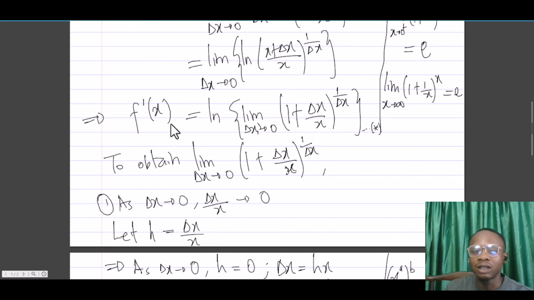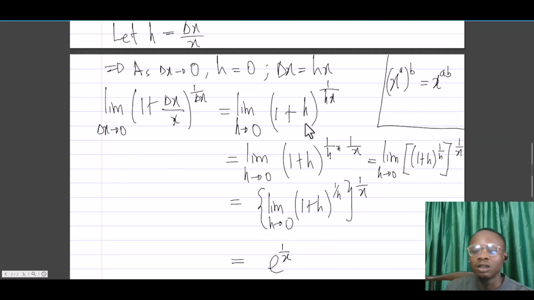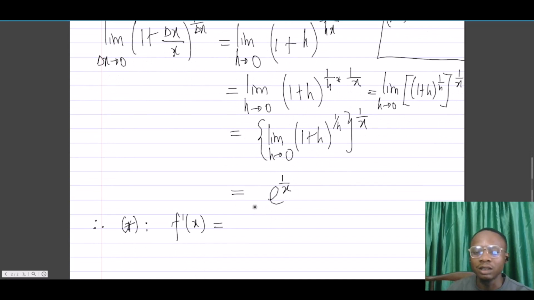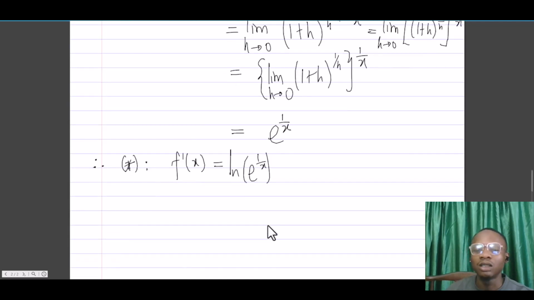Equation star says that f prime of x equals the ln of this limit. We have now found this limit to be e to the power of 1 over x. So this will be equal to the ln of e to the power of 1 over x. With this, we know that we have found an answer.